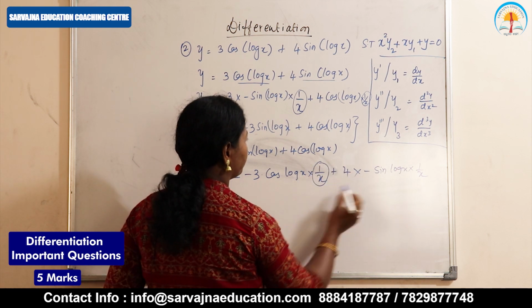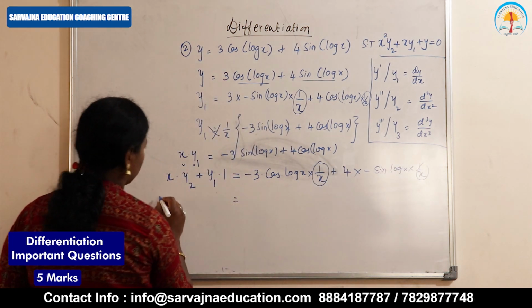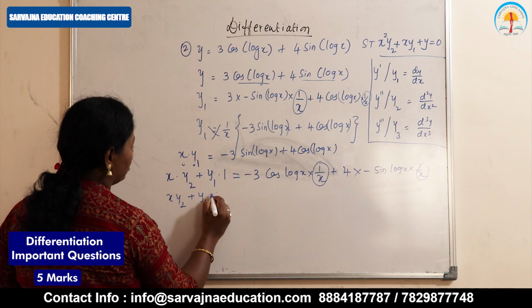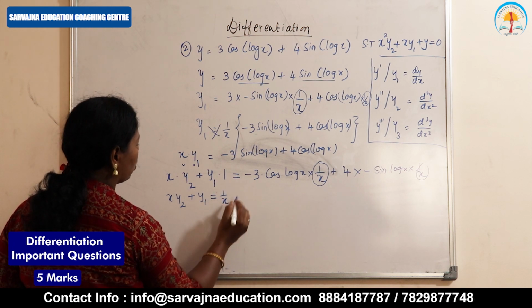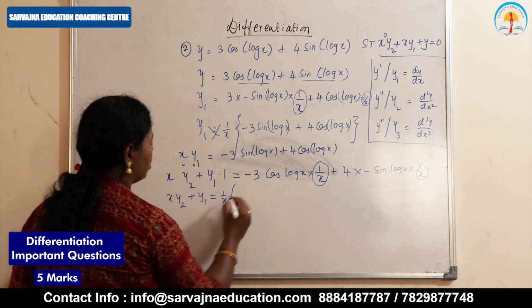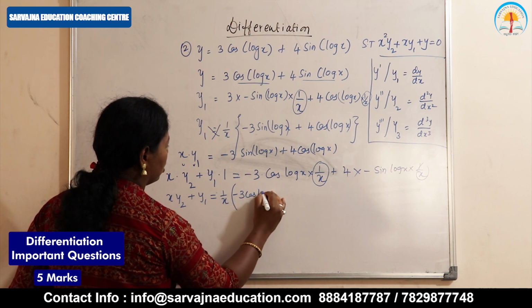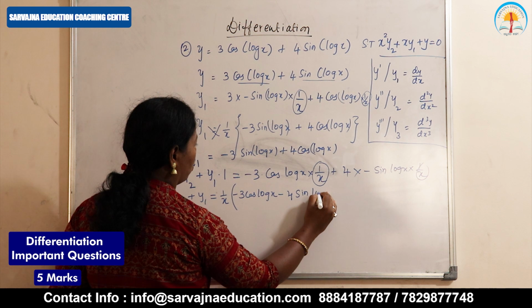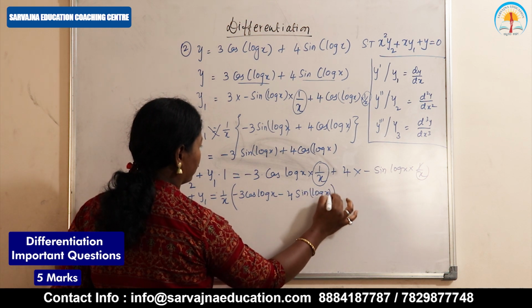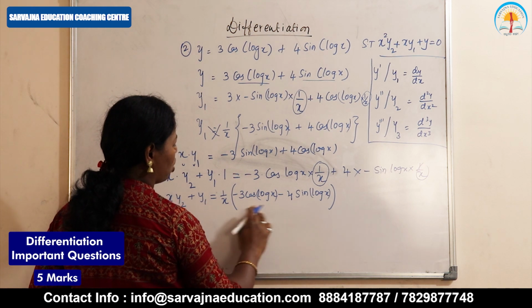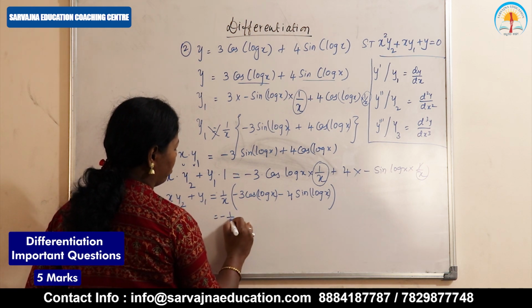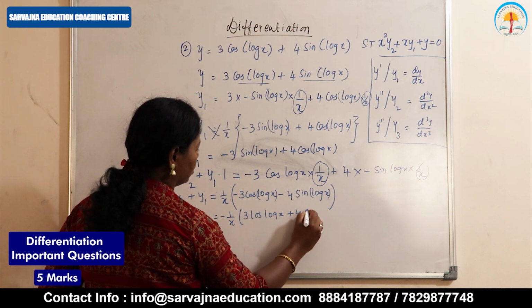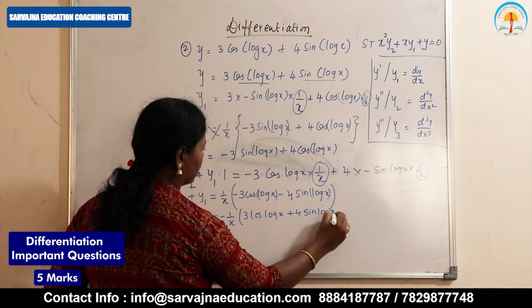See, 1 by x is here, 1 by x is here, I can take it common. So x y2 plus y1 is equal to 1 by x of, bracket, minus 3 cos log x minus 4 sin log x, correct? I put a bracket here, and again I can take minus common here, so minus 1 by x of 3 cos log x plus 4 sin log x, correct?